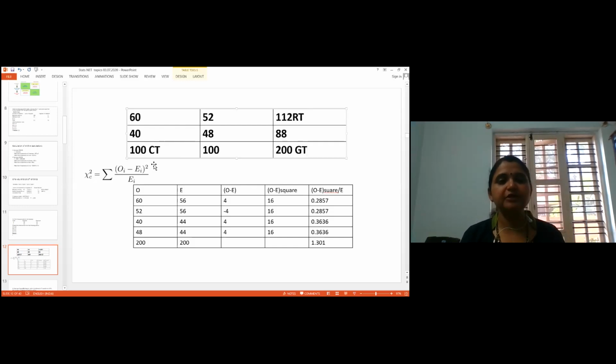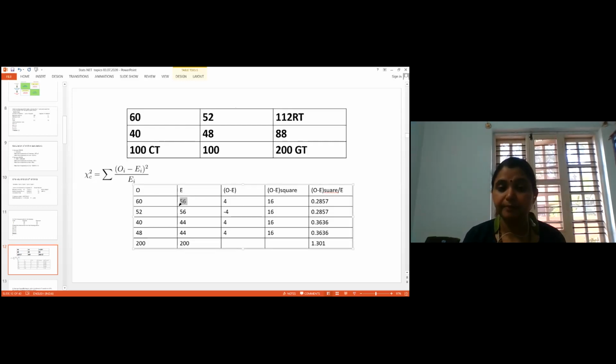So 112 into 100 by 200 is 112 by 2, so it is directly 56. We don't have to do any calculation there. That's how this 56 has come. Got it? Is it fine?